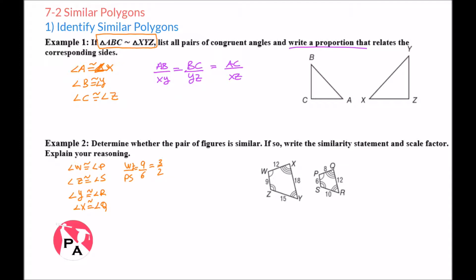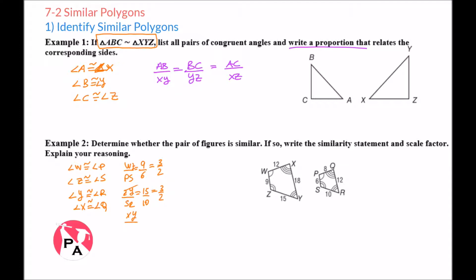Now let's move on to the next pair of sides, like ZY and SR. So ZY over SR is equal to 15 over 10. Divide each number by 5, we get 3 over 2. The ratio is the same. So we need to compare the other two pairs.